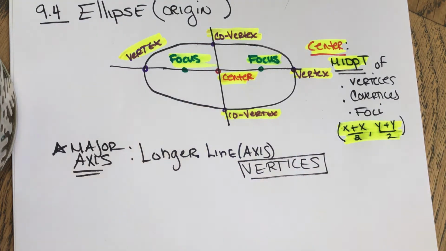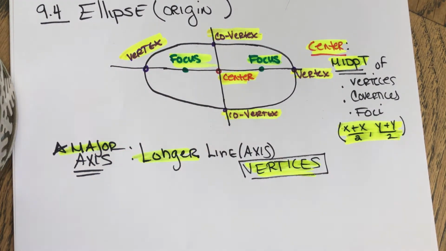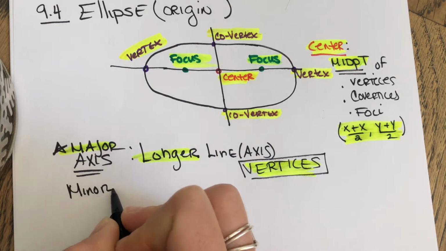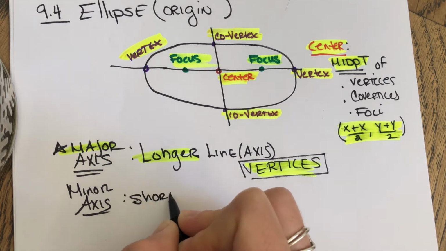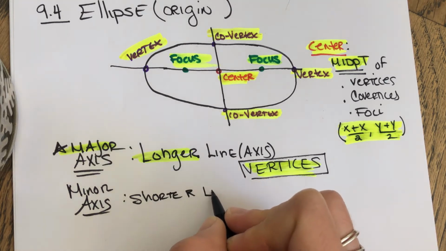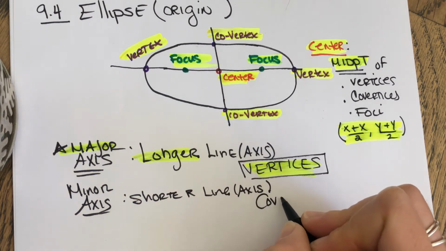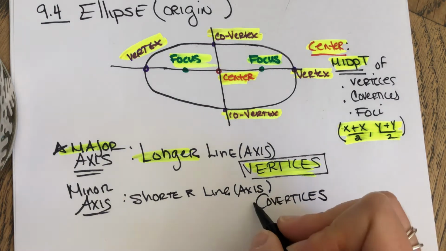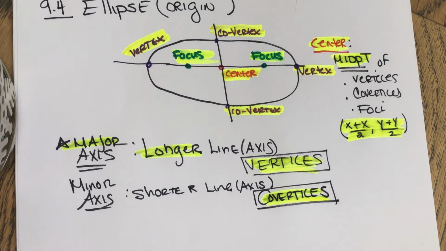So the vertices are going to take along the longer, which is your major axis, while we have obviously our minor axis, which is going to be the shorter line, the shorter distance from the center, and that's going to be our covertices or covertice. We're going to put plural. I'm not sure if it's plural, but for now it's going to be plural. Okay, because again, these are the characteristics that you're going to have to find based on your ellipse.